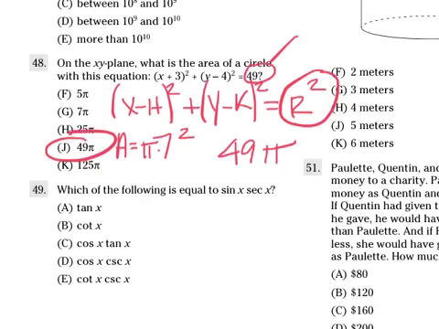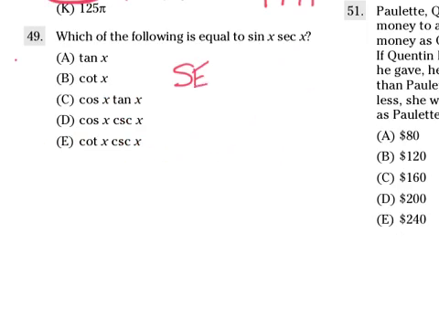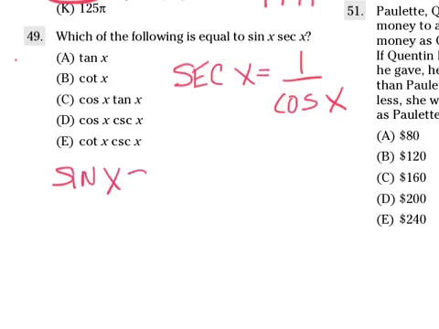J. For number 49, you have to remember that secant x is equivalent to 1 over cosine x. So if it's equivalent to 1 over cosine, then you can say that sine x times secant x is going to be equal to the following.